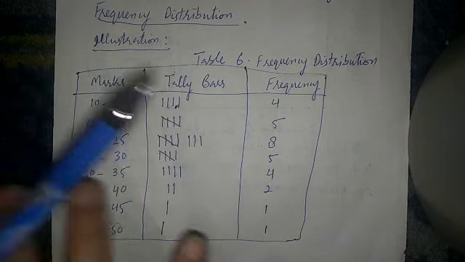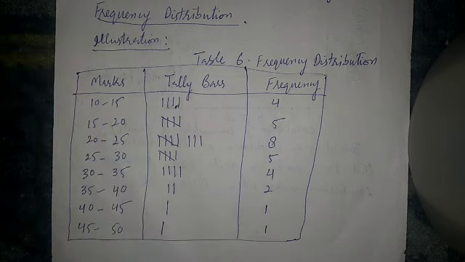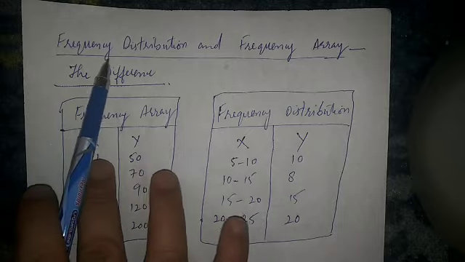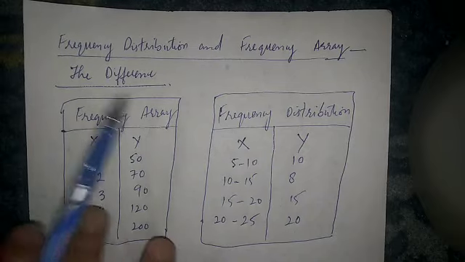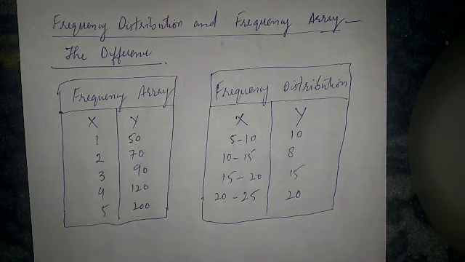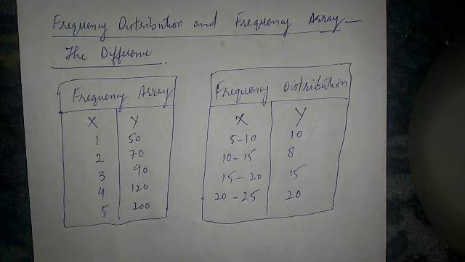Now I will tell you the difference between the frequency distribution and frequency array. You see, this is the frequency distribution, and this is the frequency array. Both show the arrangement of data with frequencies, as variables corresponding to different values of some x variables.